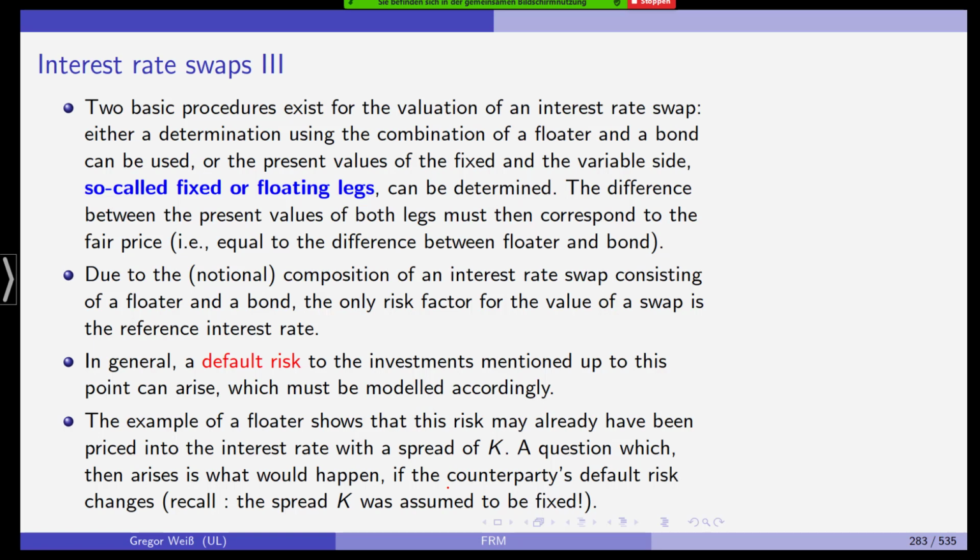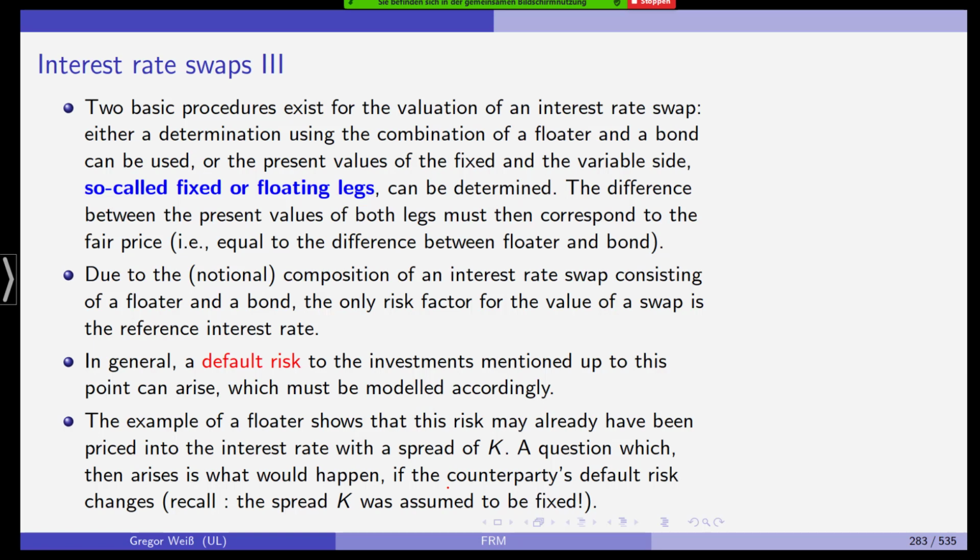And again, because a swap contract is constructed by combining a floater and a coupon bond, we can see that the only risk factor that is relevant for the valuation of a swap contract, in this case, is the reference interest rate and the term structure of interest rates. We can also, again, include default risks, but in the starting setup, where we have no default risk, interest rate is all we need.